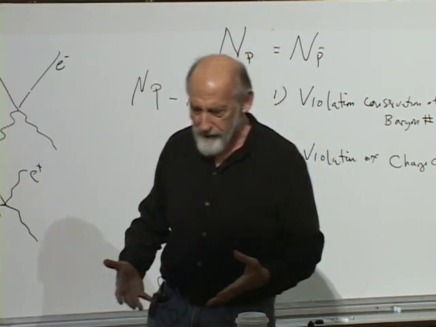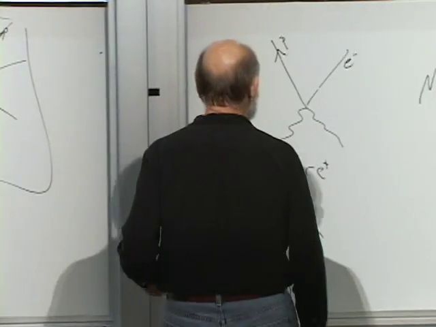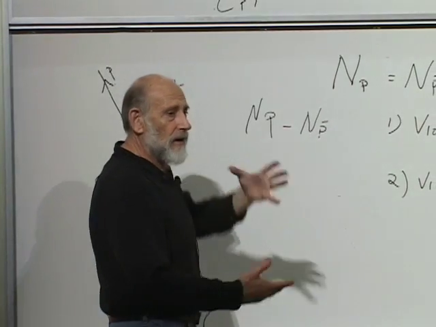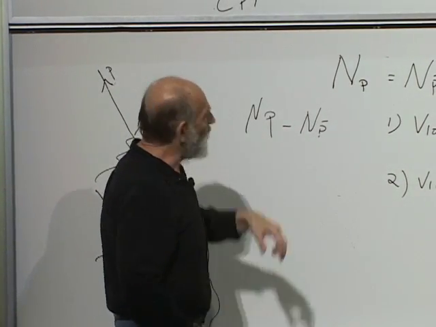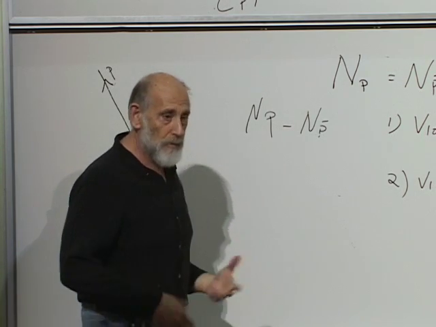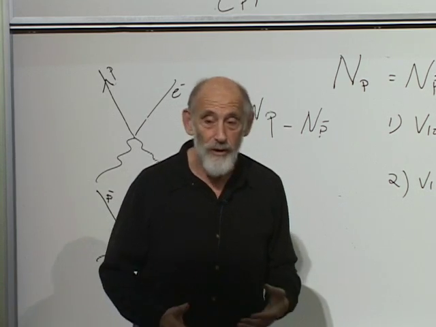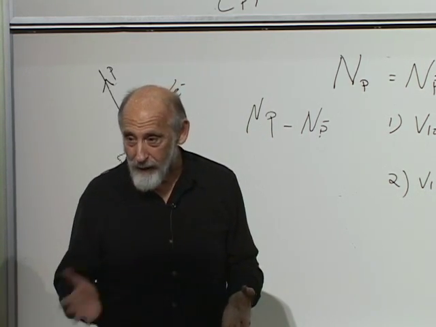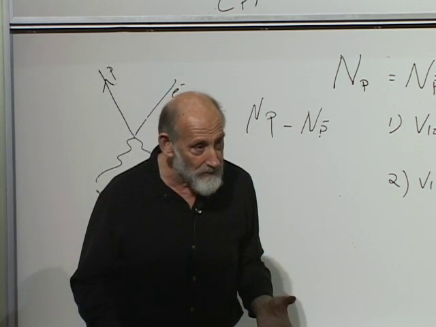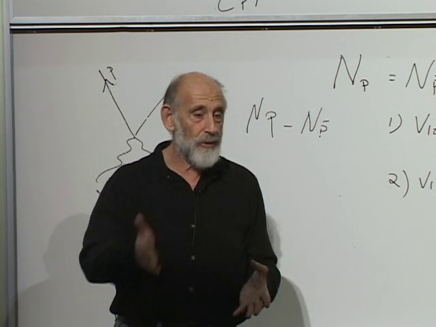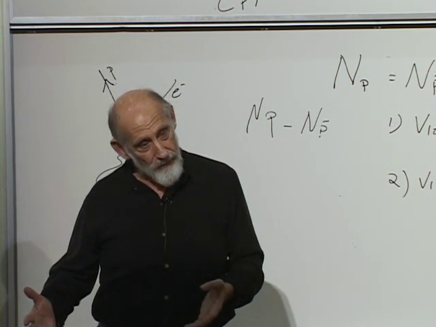It's in equilibrium. But if there's a symmetry that says that if you let time run backward and also interchange particle with antiparticle, but you're in a situation where it doesn't matter whether you run time backward or not because it looks exactly the same, then you have a symmetry between particles and antiparticles.